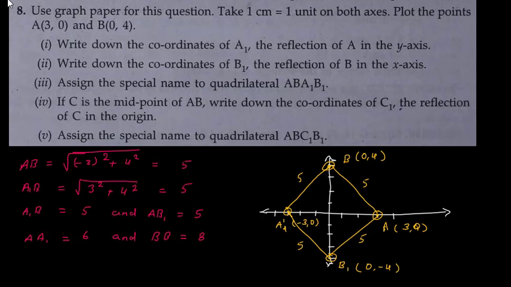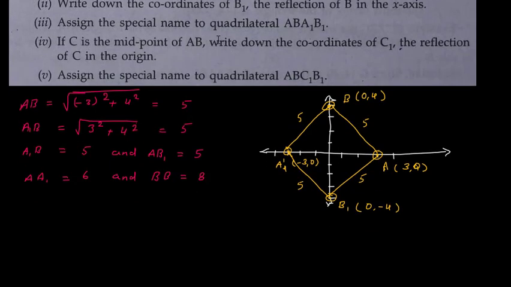So when all the four sides are equal and diagonals are not equal, this is called a rhombus, right? So therefore I will say that this quadrilateral A B A1 B1 is a rhombus.